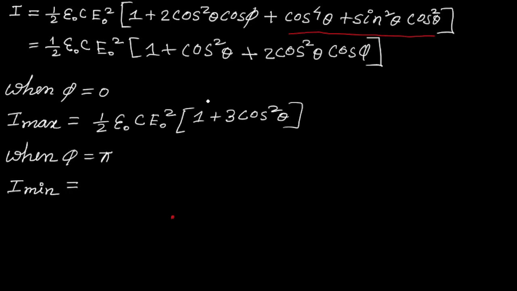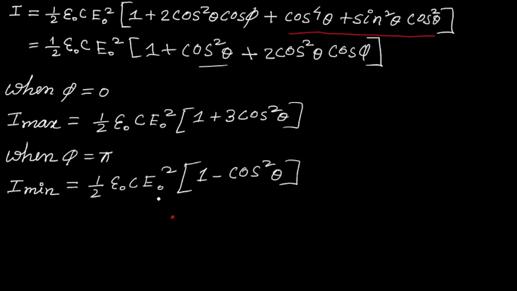So what will be that minimum intensity? Again we have to put cos phi equal to minus 1. When phi is equal to pi, cos phi will be minus 1. So for that case we'll get half epsilon naught c e naught square, 1 minus cos square theta.